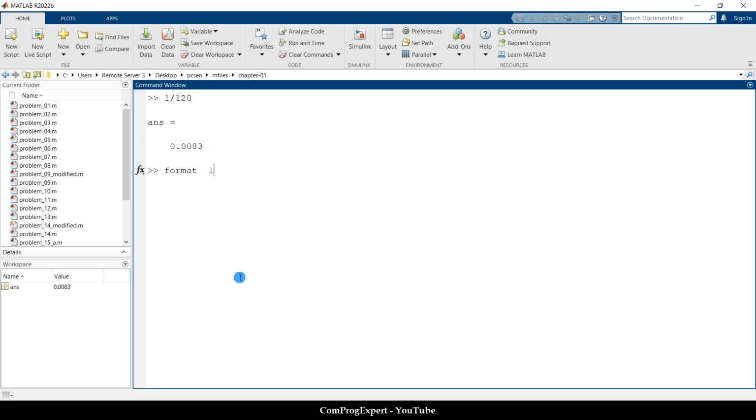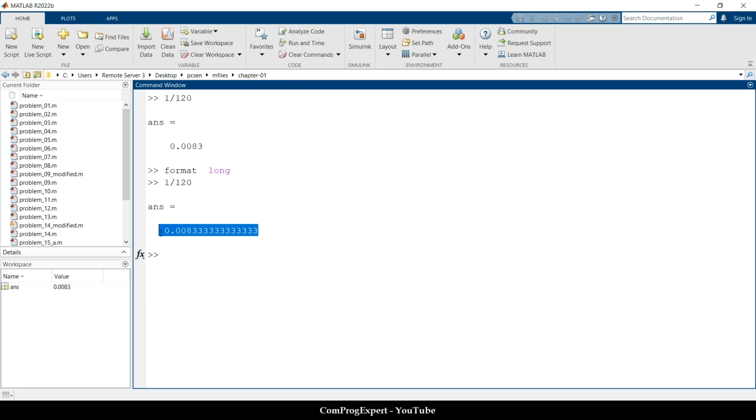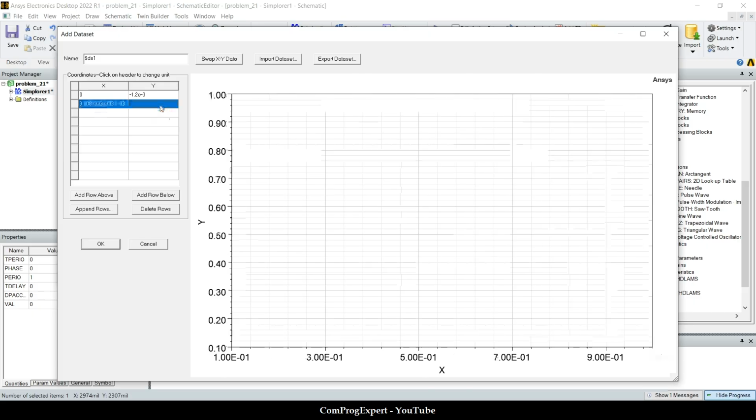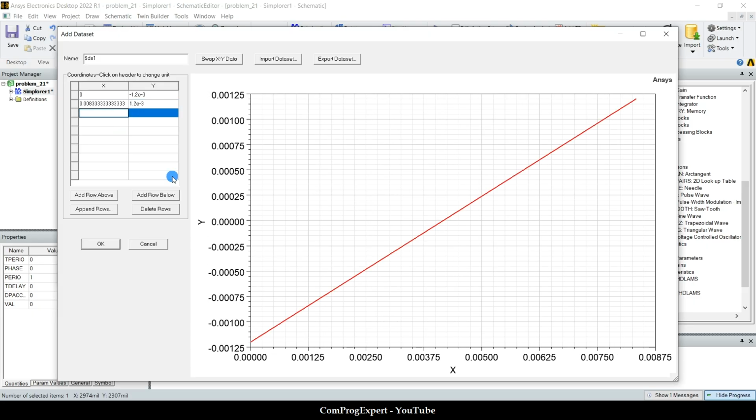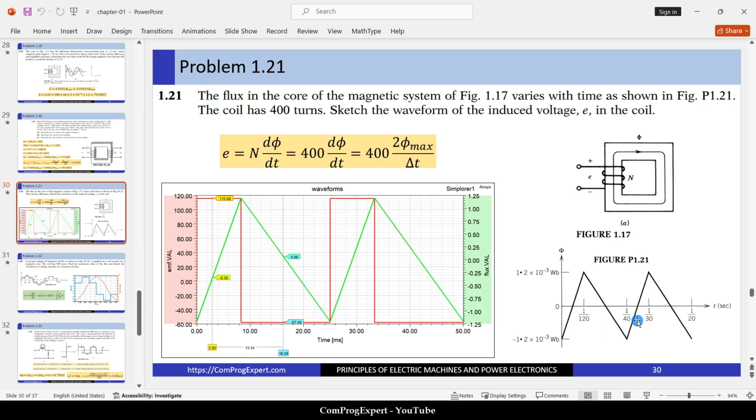Format long, it is this number. This is 1.2e-3. And the next point is 1 divided by 40.